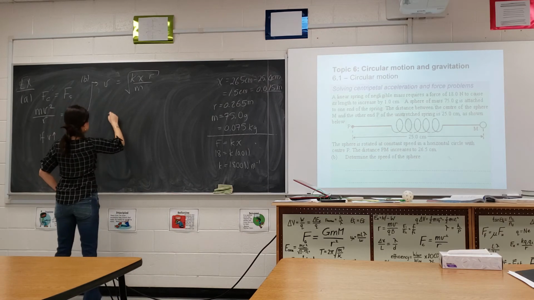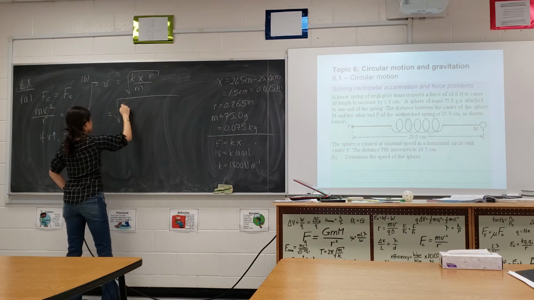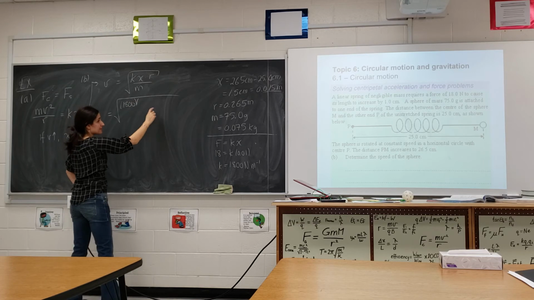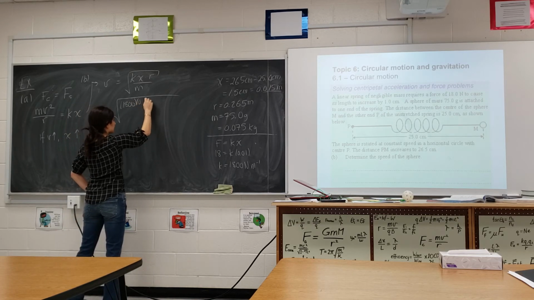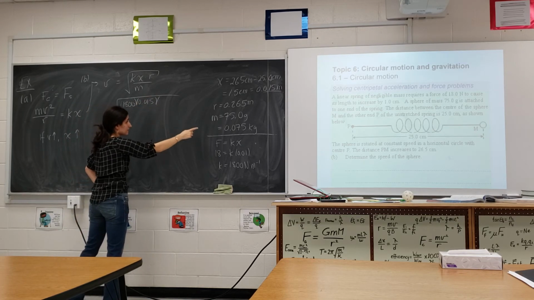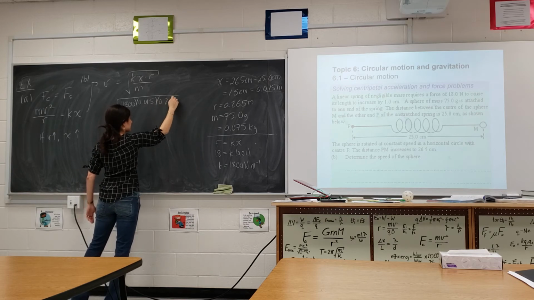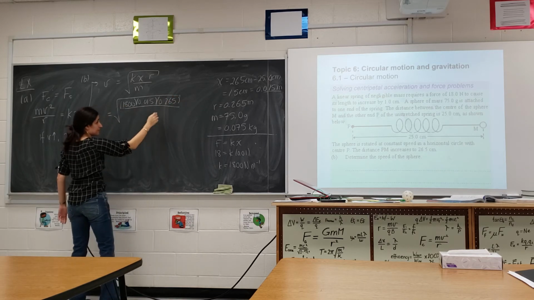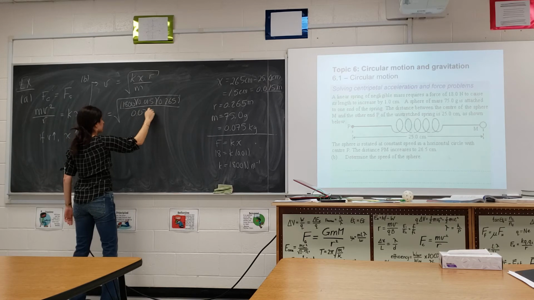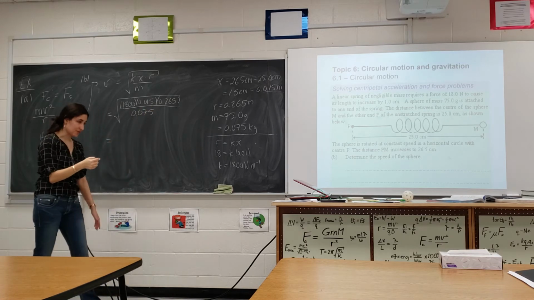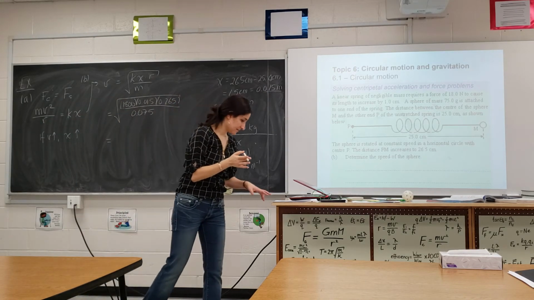Let's plug in our values. So 1,800 times x, 0.015 times r, 0.265 divided by 0.075. So we just have to plug in our numbers, and that's it.